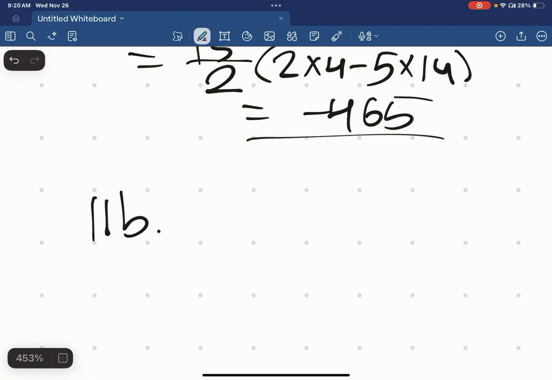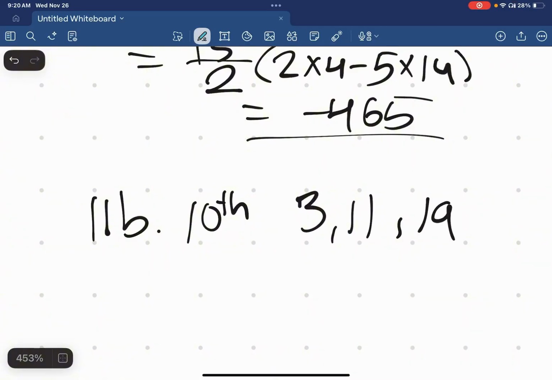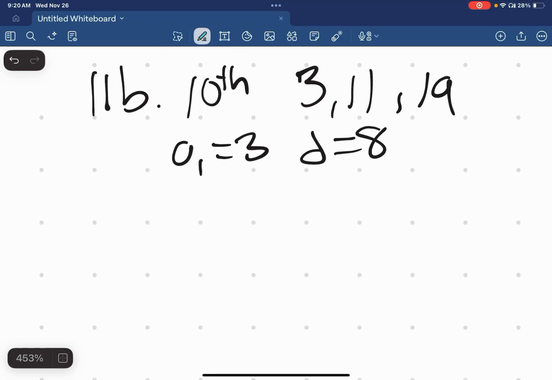11b, let me write it down. We have to find the summation of the 10th term of the sequence 3, 11, 19. Once again, this is an arithmetic sequence or series where a equals 3 and d is going to be equal to 8.